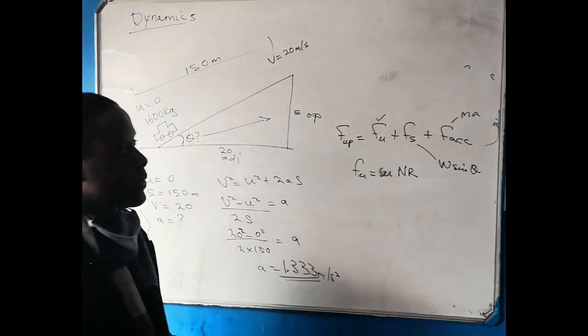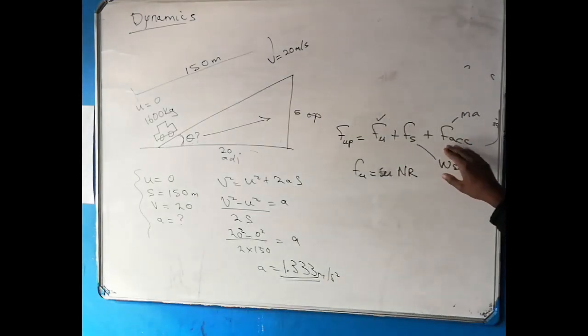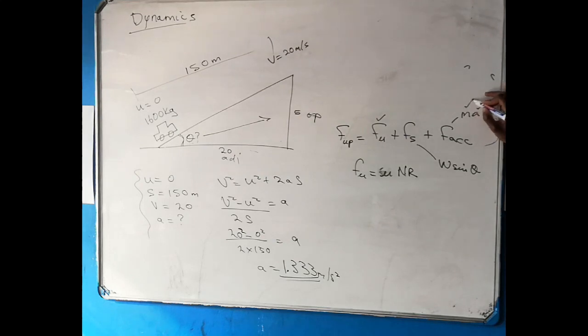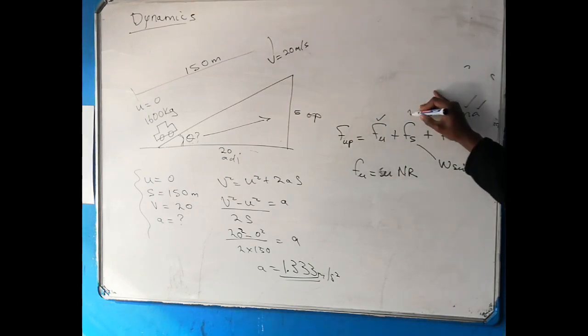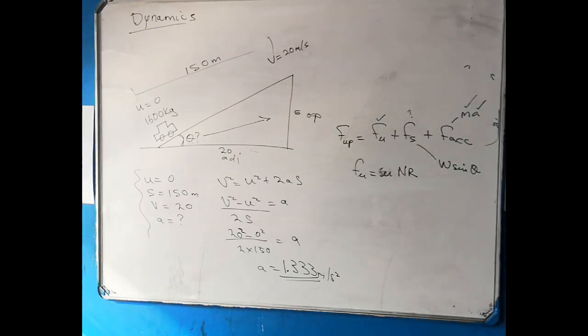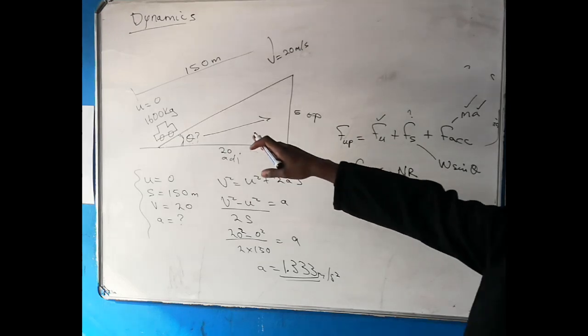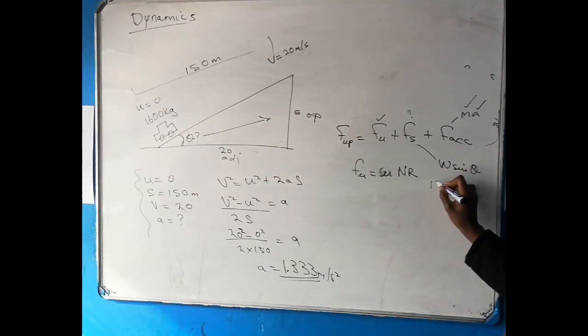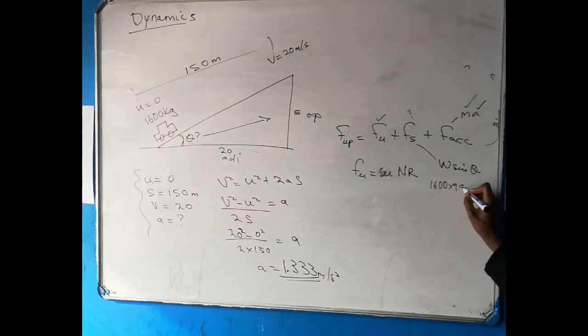If we are solving for the accelerating force, we will take that 1.33, we multiply by the mass. If we are looking for the sliding force, we will take the weight of the object, which is 1,600 times 9.8, times sine of the angle, whatever you got.